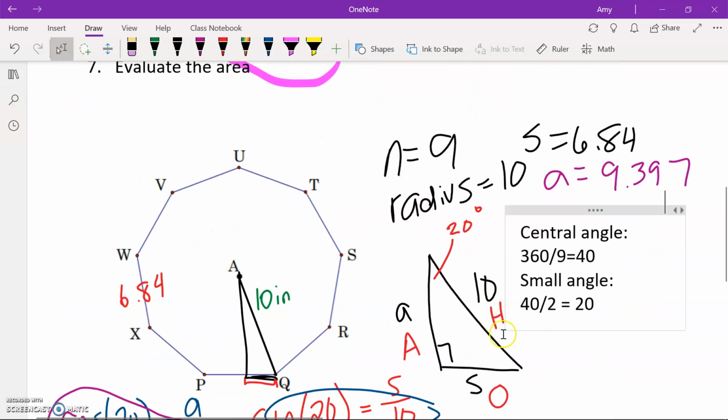Now you won't always have to solve out this triangle. I had to because I did not have the apothem or the side length. If you had the side length, then you would only have to calculate the apothem. If they give you both, you don't have to calculate anything. But you need to be ready to solve all three of those sides if that's what the problem is asking you for.